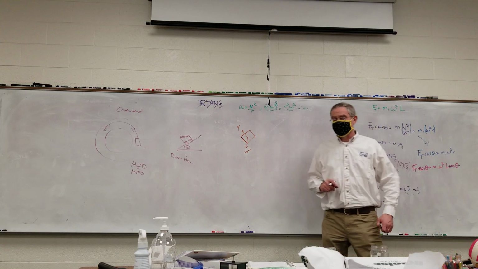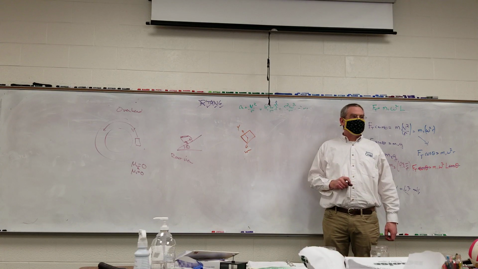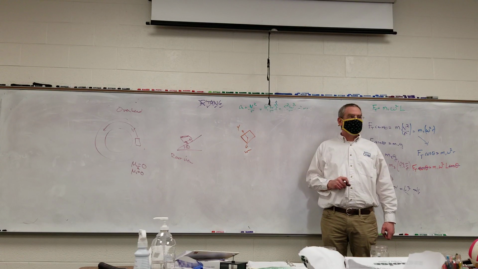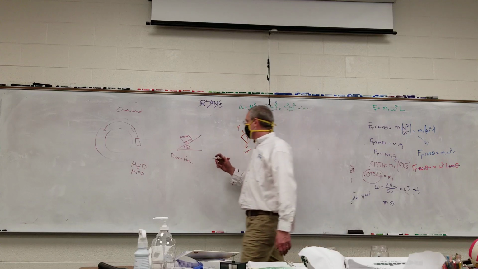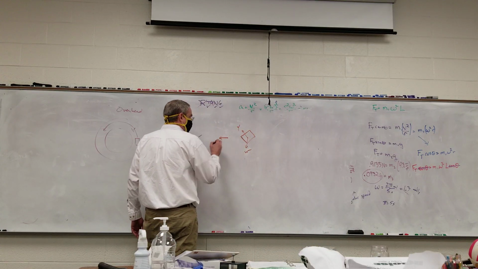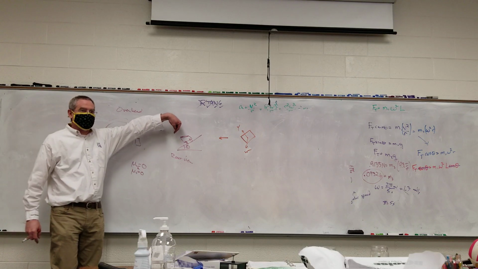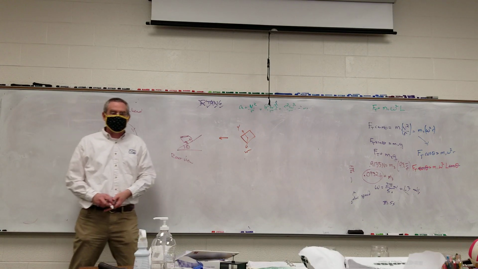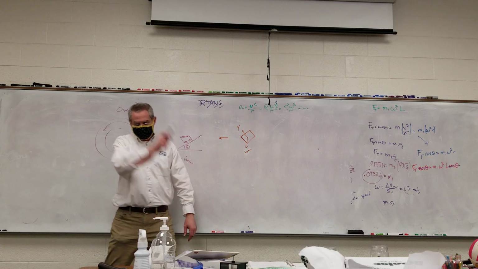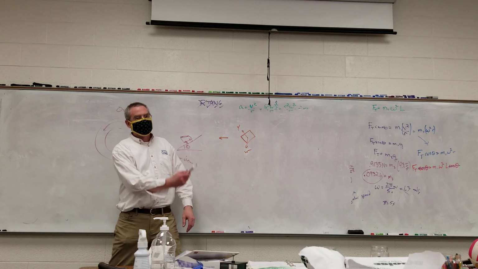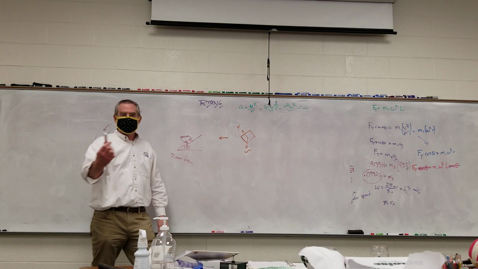And which way is the center? Left. Yeah, at that point, the acceleration is that way. It is not down the ramp. If you're saying the acceleration is down the ramp for circular motion, then what you're saying is that that car is traveling in a circle like this, instead of a circle like this.